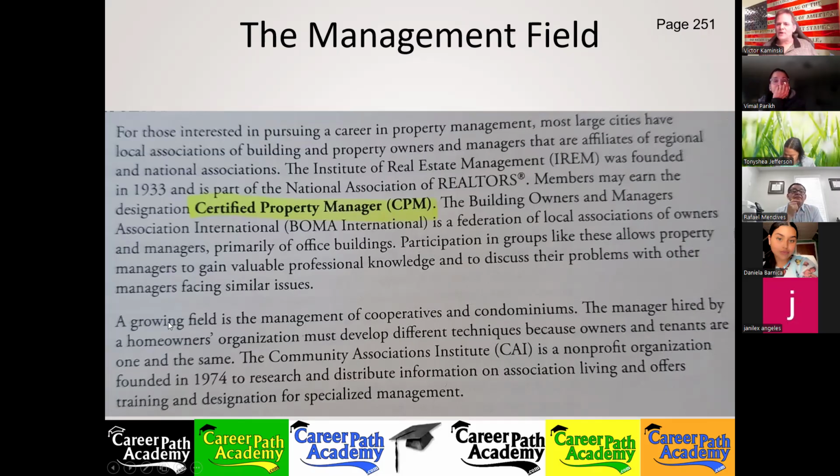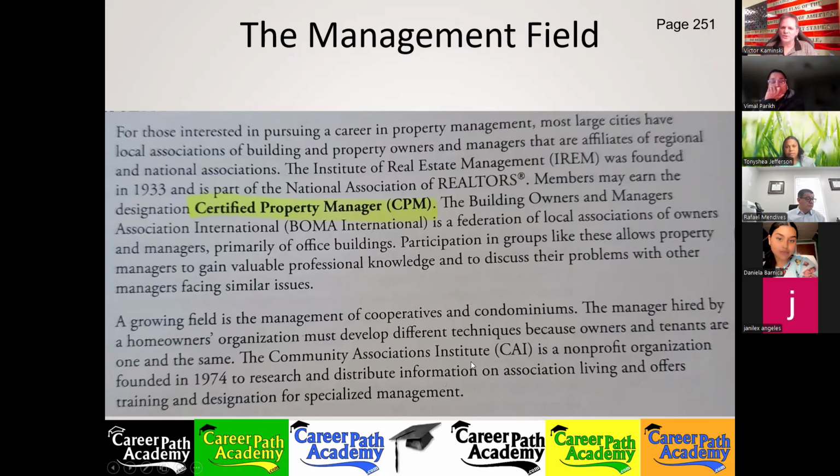So, property management is a growing field. And with co-ops and condominiums, you're seeing more and more of them popping up all over the place. There has to be a manager of those buildings, right? Who do the tenants reach out to? So the manager is hired by a homeowners association or organization, and they must develop different techniques because owners and tenants are one and the same.